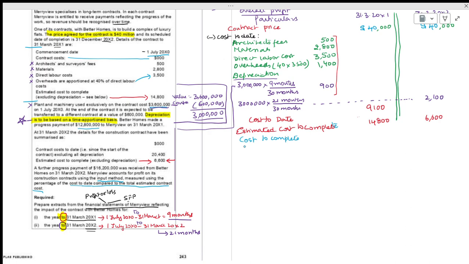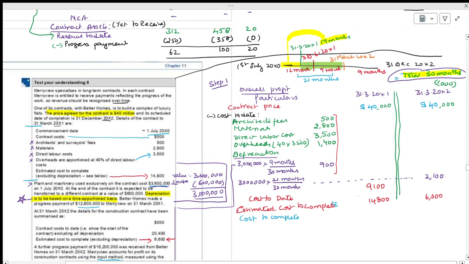If we continue to 31st March 2001, how much is the depreciation? 900. If you want to complete the contract, we have another 2,100 depreciation to calculate.